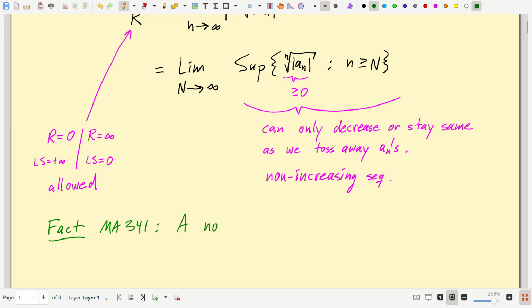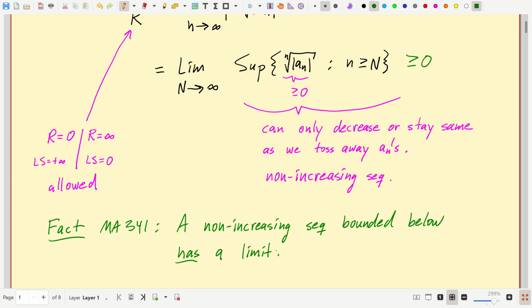I'm sorry, it's bounded below, since these things are all greater than or equal to 0. So that limit is guaranteed to exist. A big fact from Math 341. The big word is "has." It exists.